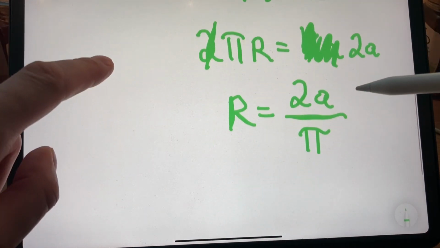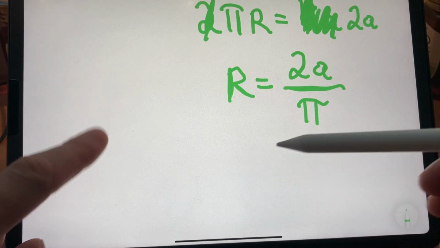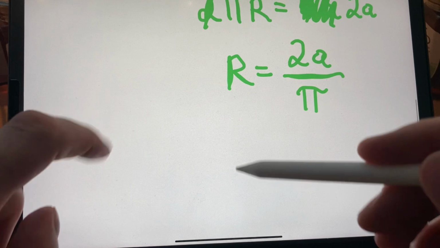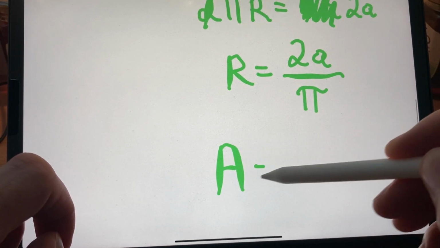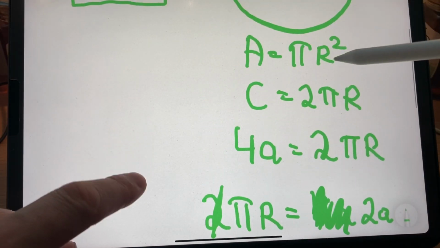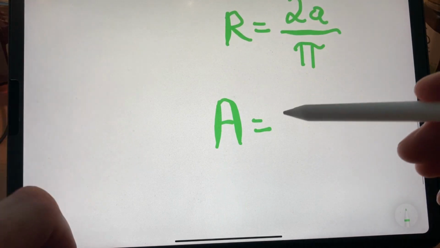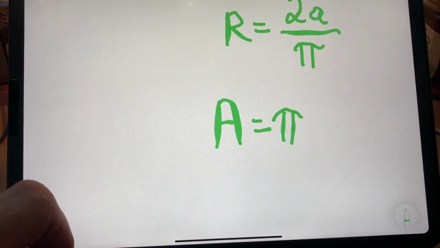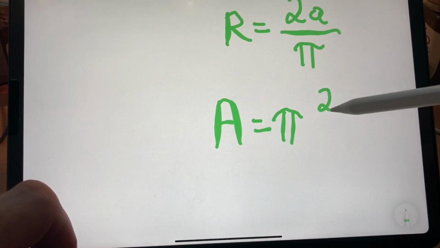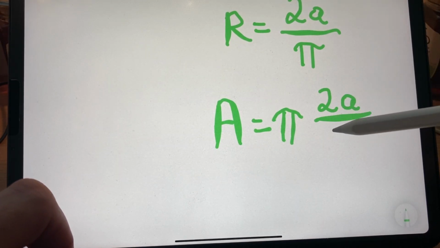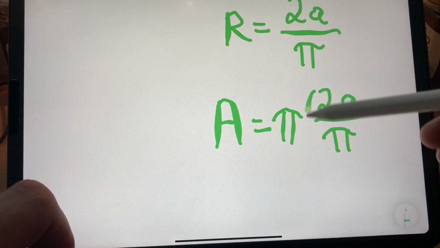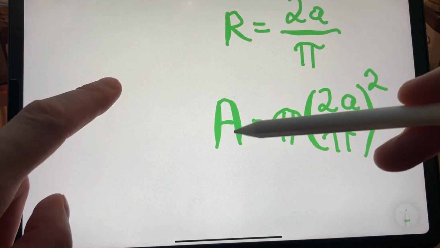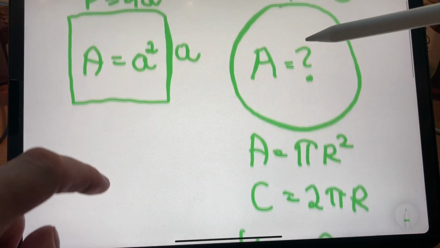The area of the circle equals pi r squared. So r is 2a divided by pi, and all of this is squared. This is going to be our area of the circle.